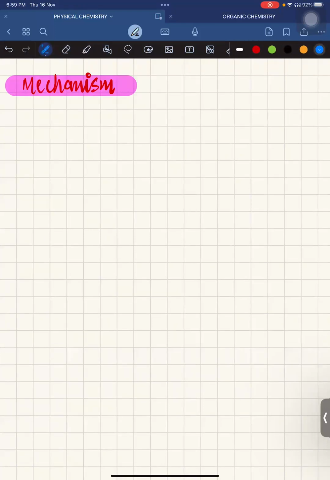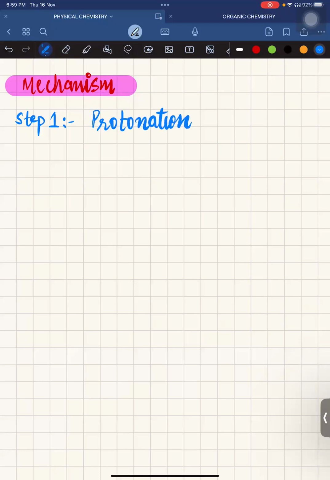Now see, in the first step, step one, in a step one, a step two, a step three. So in step one, protonation will take place.